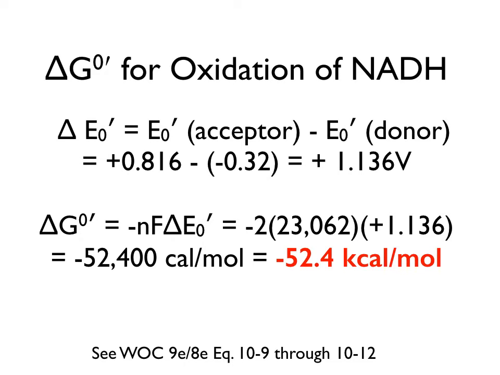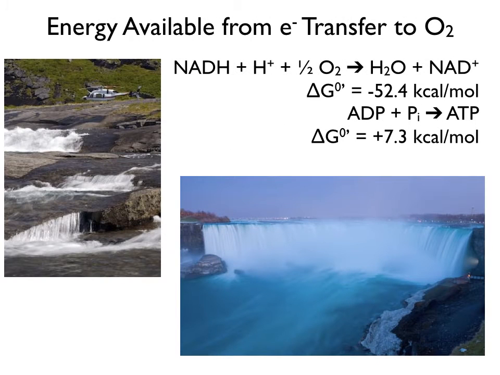And it's worth thinking about the strategy here that cells are adopting. Cells are taking NADH and oxidizing it and using the standard electrode potential to do work. And we can compare that to the energy liberated by ATP.